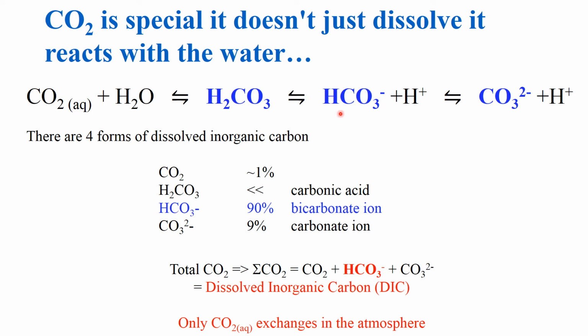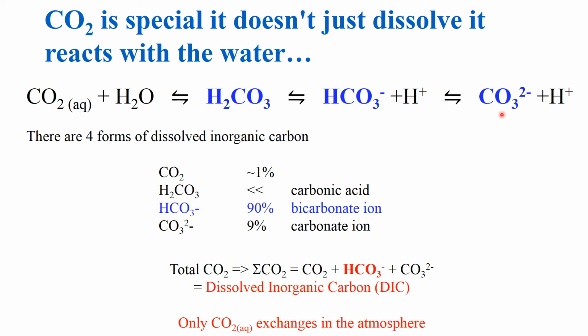This molecule here also is unstable, so this can spontaneously break apart and lose another hydrogen ion to form this doubly negatively charged ion called the carbonate ion. So what happens is that you get some CO2 dissolve in water, and then it forms carbonic acid, which then breaks apart into bicarbonate and carbonate ion.